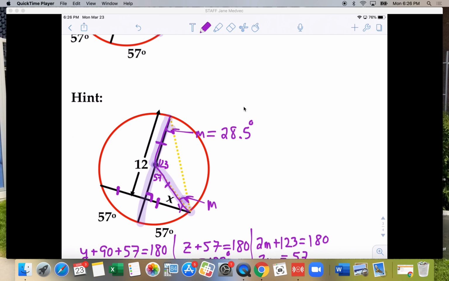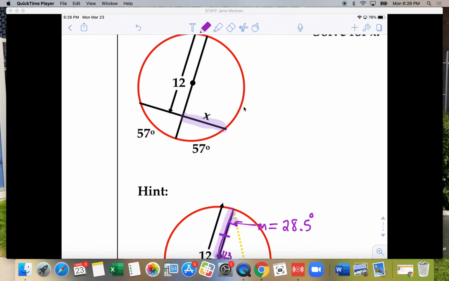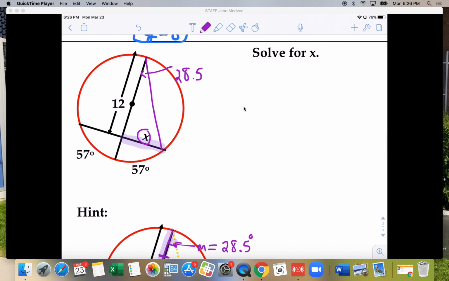Okay, so now what I'm going to do is I'm going to look at this larger triangle here. Okay, I don't know what X is, but I know this up here is 28.5. So I'm going to take 28.5.